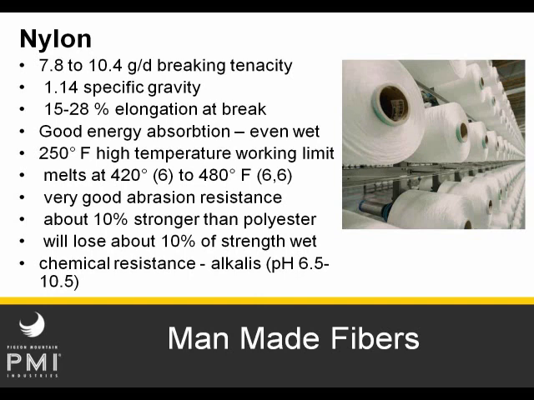Your rope isn't going to fall apart or break at 250 degrees, but the performance of the nylon is going to deteriorate to the degree that the rope really should be discarded once you get off of it. Unlike some of the trendy high modulus fibers that we'll talk about in a moment, nylon is very abrasion resistant. It's also stronger than polyester, and it absorbs energy pretty well. While nylon does lose up to 15% of its strength when wet, the strength is regained when the material dries. Nylon's a pretty good choice for rope.